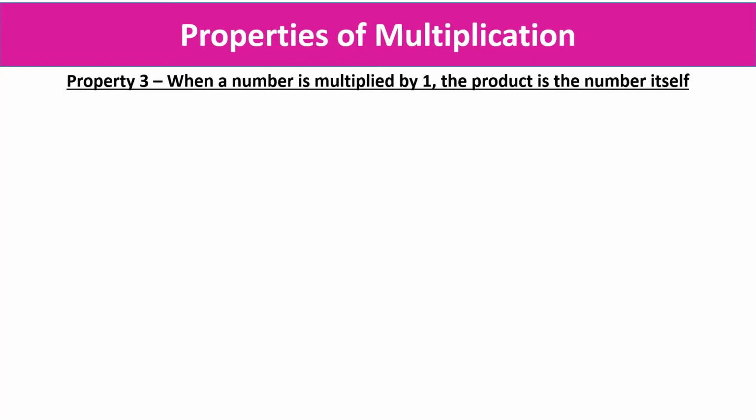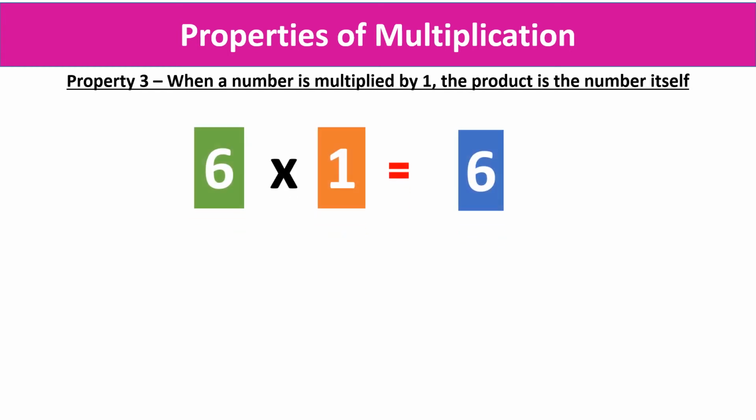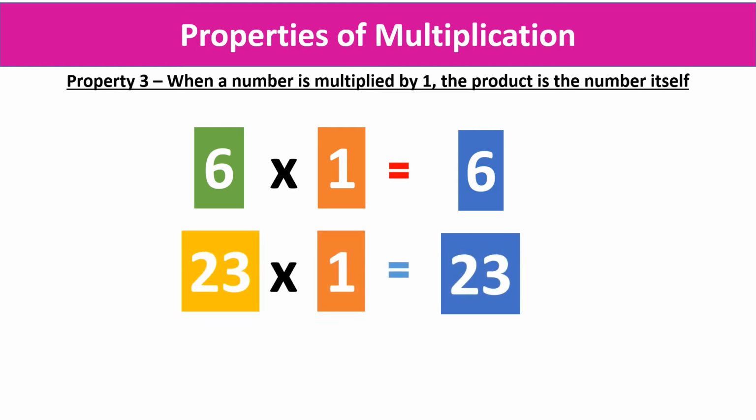Here is the third property of multiplication. When a number is multiplied by 1, the product is the number itself. I repeat, Beta Ji, when a number is multiplied by 1, the product is the number itself. Let's take an example. 6 multiplied by 1 equals 6. 23 multiplied by 1 equals 23.